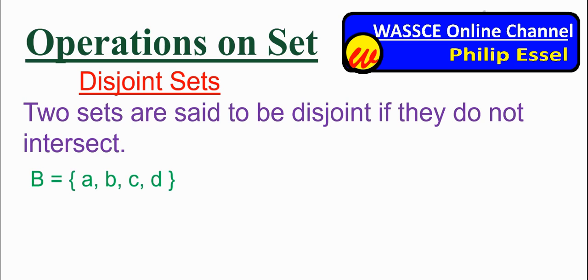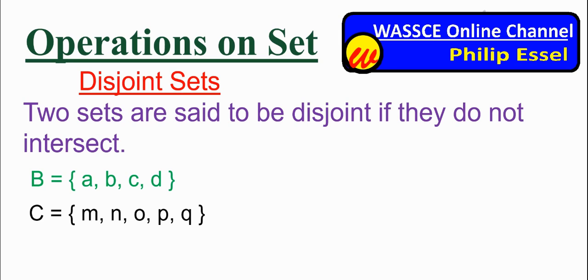So we have the set B with its members A, B, C, and D. We also have the set C with its members M, N, O, P, and Q. Now, because these two sets do not have anything in common, their intersection would be empty.